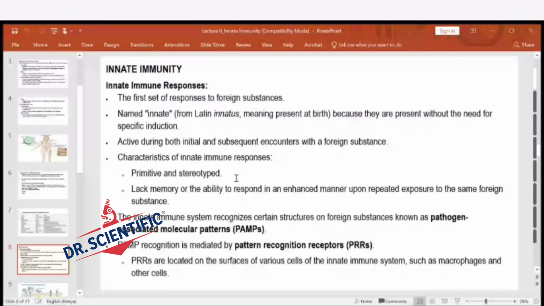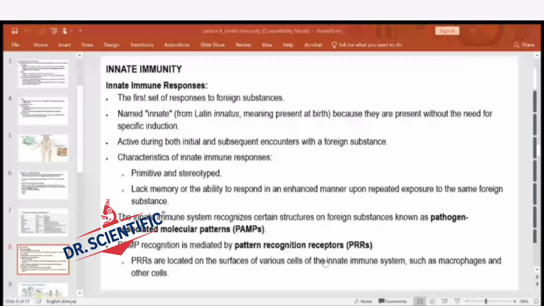Then, of course, to differentiate it from the adaptive immune response, there is no memory. We know that in the adaptive immune response, antibodies can be made and memory can be retained for the infectious agent, so that if there is a secondary invasion, there's mounting of an immune response very quickly. But that is not present in the innate immune response.